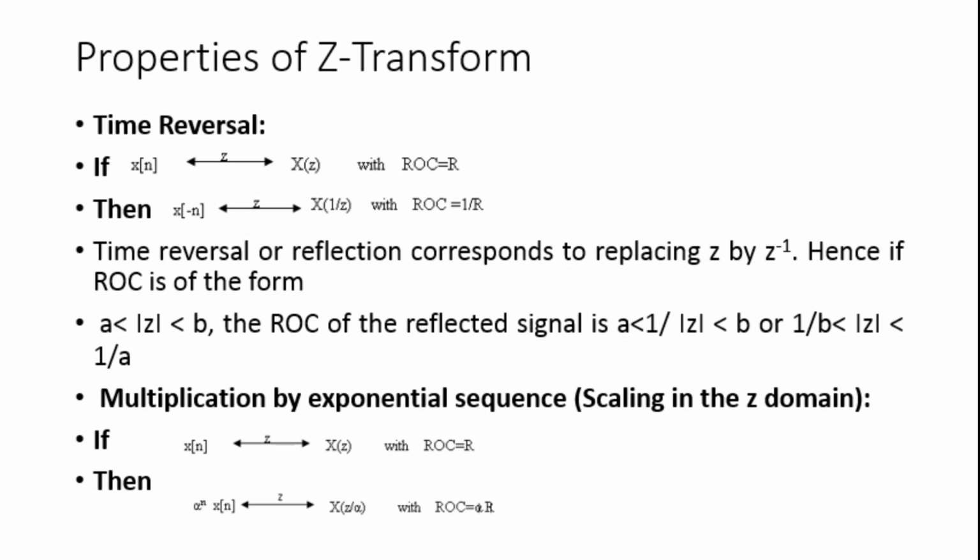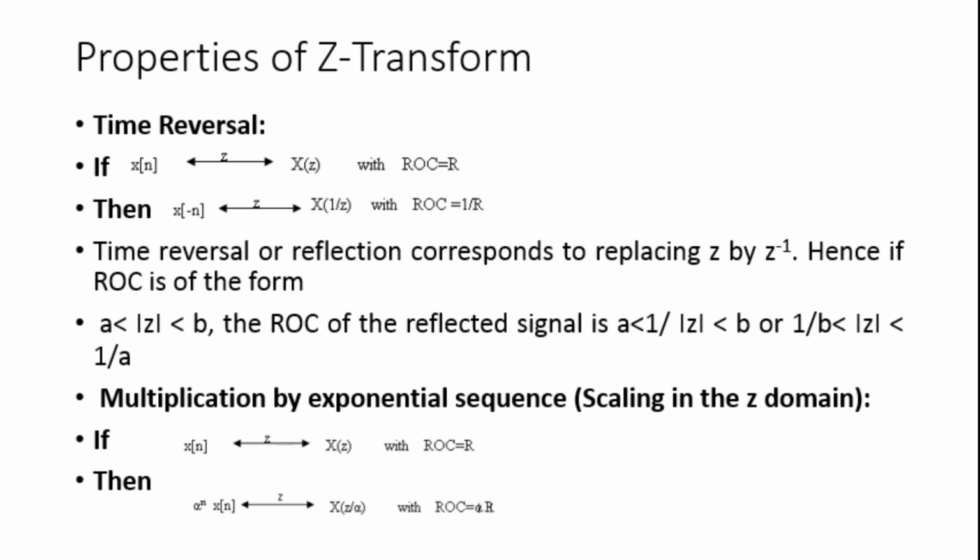Hence, if ROC is of the form A less than mod z less than B, the ROC of the reflected signal is A less than 1 by mod z less than B, or 1 by B less than mod z less than 1 by A.